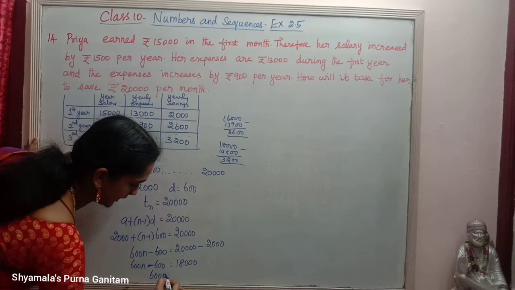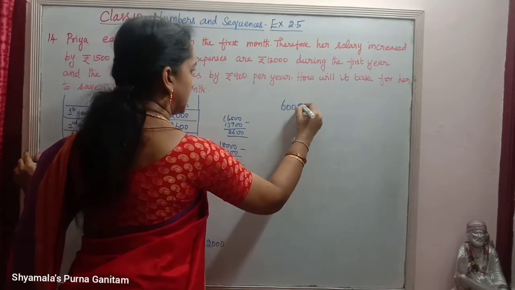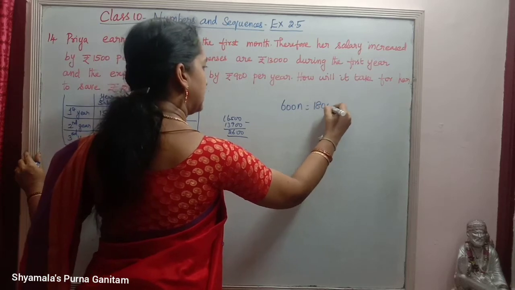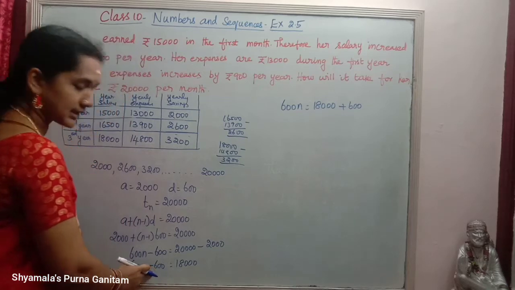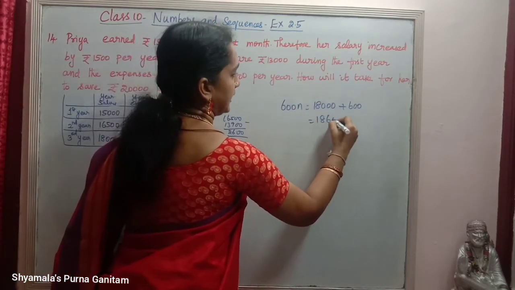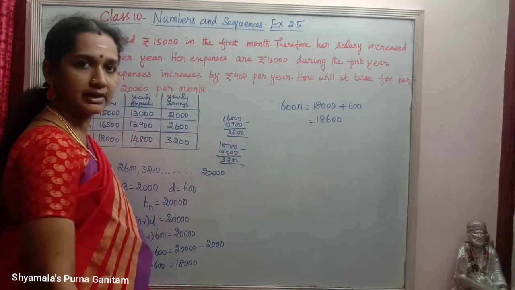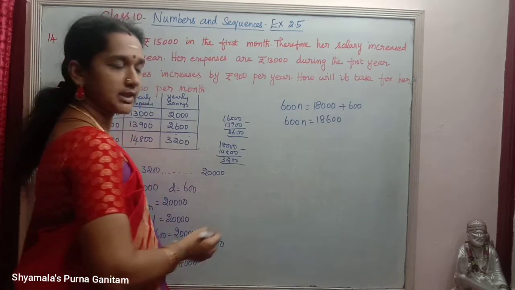So 600 N is equal to 18,000 plus 600. So this minus 600 on the other side it will become plus 600. So 18,600 we will get. So 600 N is equal to 18,600.